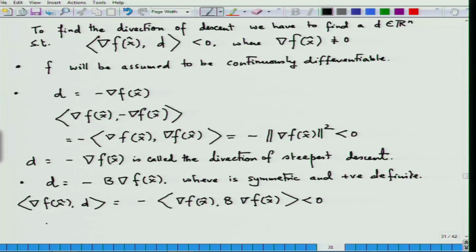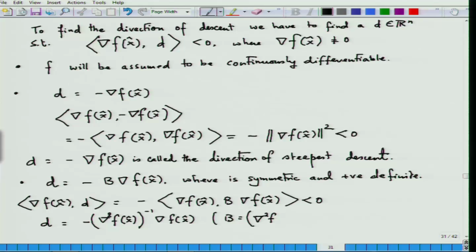One of the important directions of descent is to have something like this at f(x bar). Take the Hessian matrix, we have already known what a Hessian matrix is. So in place of B I have put this matrix. So here this is a particular case with B equal to the inverse of the Hessian matrix.